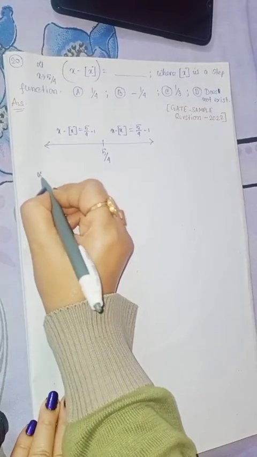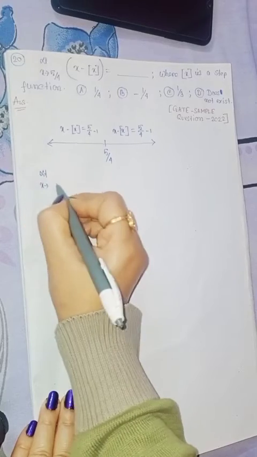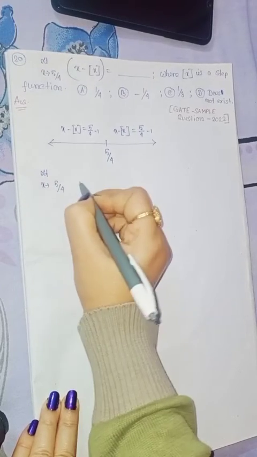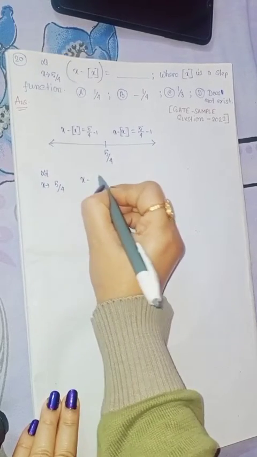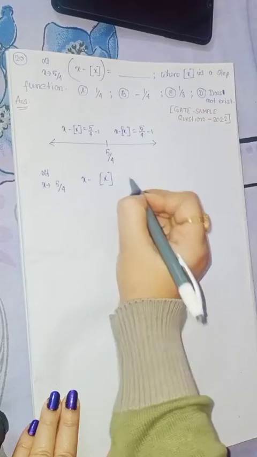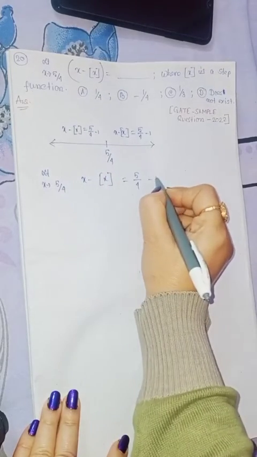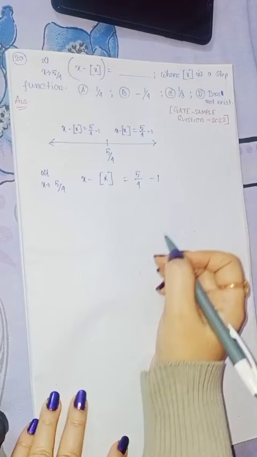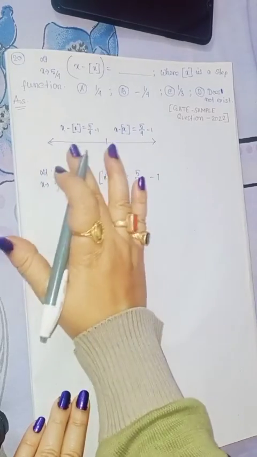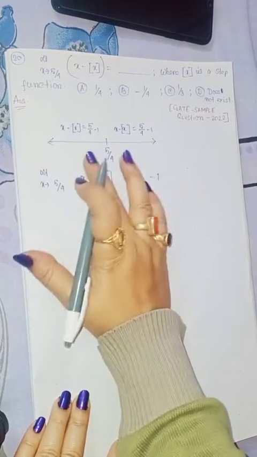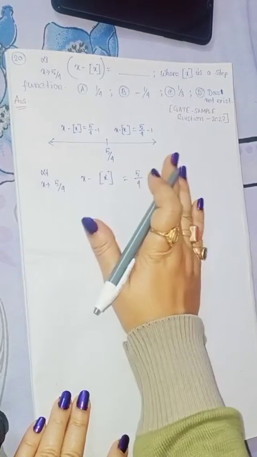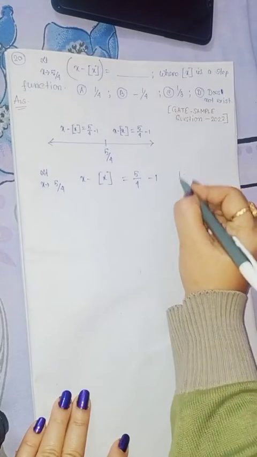So now limit x tends to 5 by 4 of x minus floor of x is equal to 5 by 4 minus floor of x, which is equal to 1 by 4, as this limit exists because the left hand limit is equal to the right hand limit.